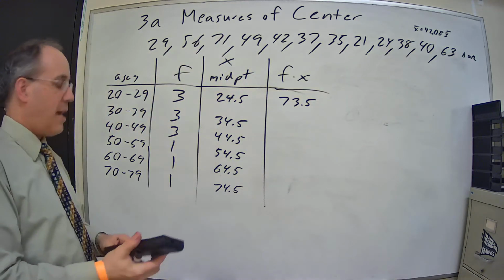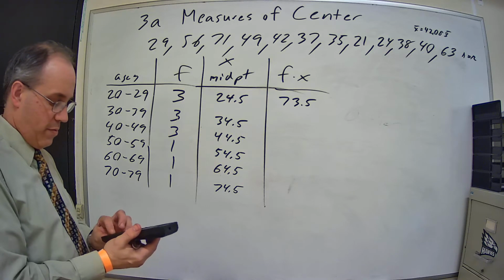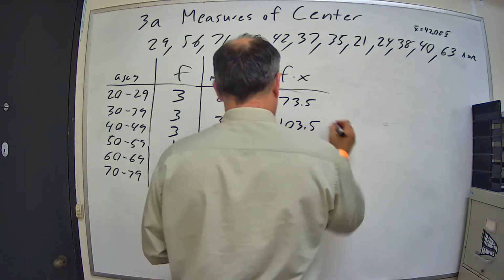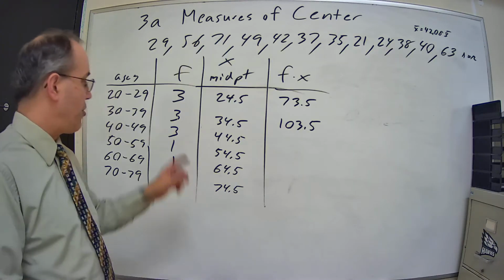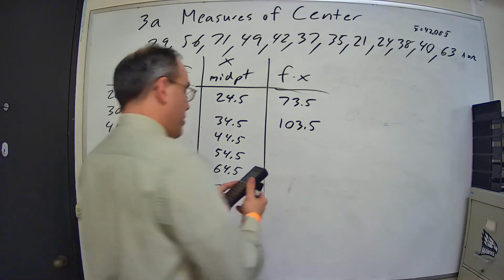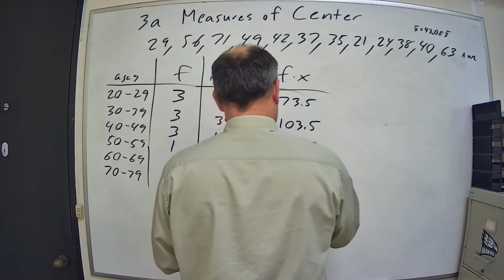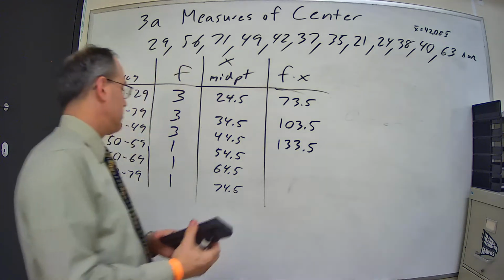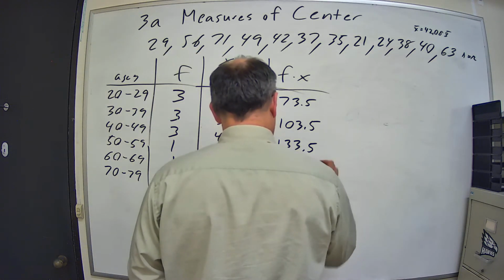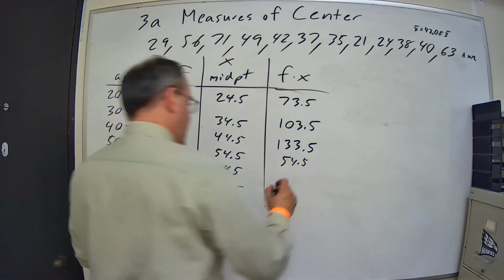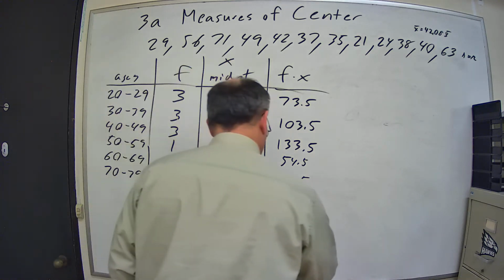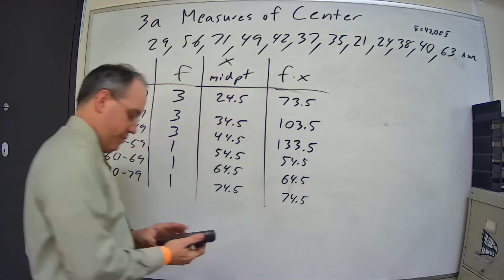Then I'm going to take 3 times 34.5, which gives me 103.5. 3 times 44.5, 133.5. 1 times 54.5, obviously 54.5. 1 times 64.5, 64.5. And 1 times 74.5, 74.5.